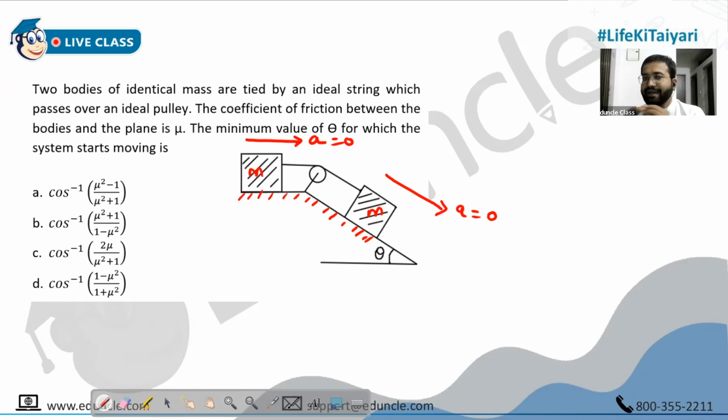Just when it is just about to start, friction has again reached its maximum possible value. So friction Fs is mu s into N, or just write mu into N. They are just writing coefficient of friction, not static, but we understand it is static here, because they are asking for the theta for which it just starts moving. So Fs is mu s into N.